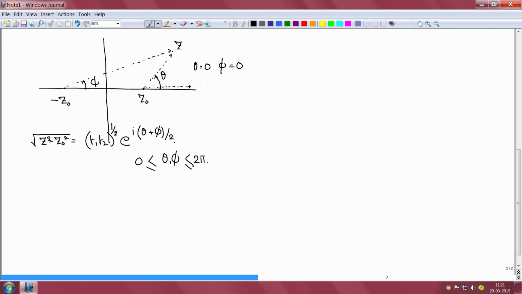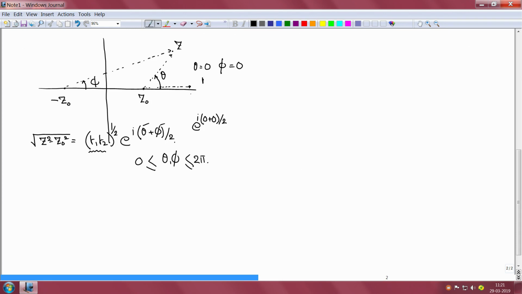So the argument is e to the power i (0 plus 0) by 2, so e to the power i 0, so it will be 1 here. That means I will get r1 r2 to the power half.